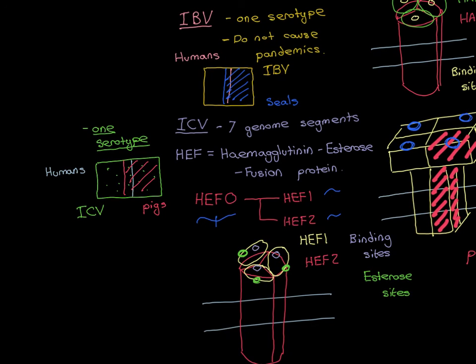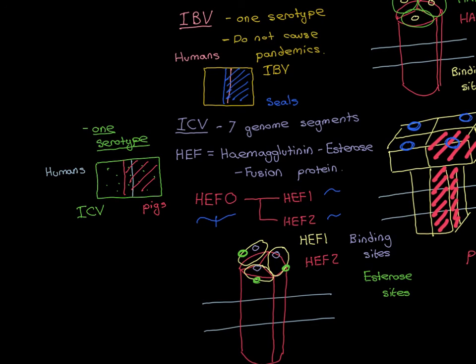They have hugely different hemagglutinin and neuraminidase molecules, and this is how we categorize the different strains of influenza A virus into serotypes, where all the influenza A virus strains in a single serotype have similar hemagglutinin molecules, if we're talking about a hemagglutinin serotype, and similar neuraminidase molecule, if we're talking about a neuraminidase serotype.